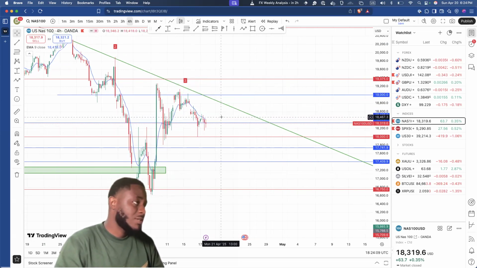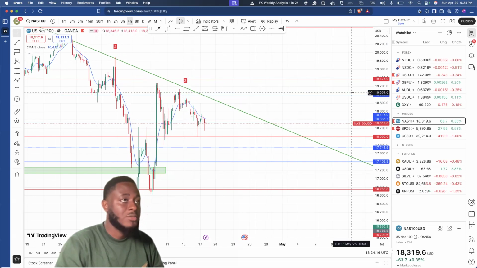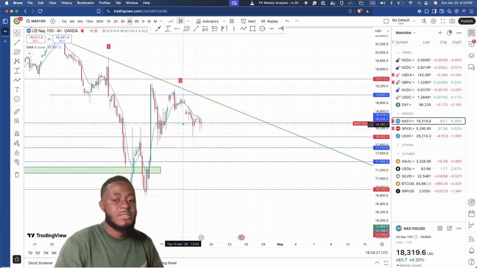But I've been looking at this market for a while now, I think since last week or the last 2 weeks, and it's been in this range from this 19,000 price to this 18,000. The market has not really broken out of either of these lines, right?